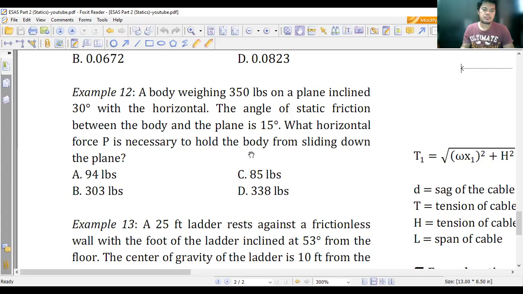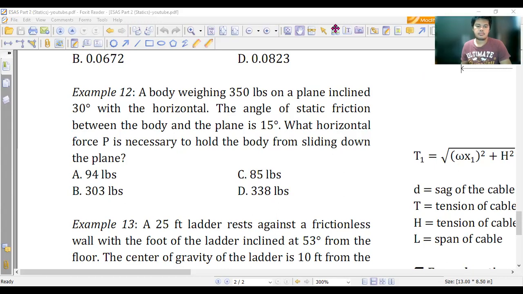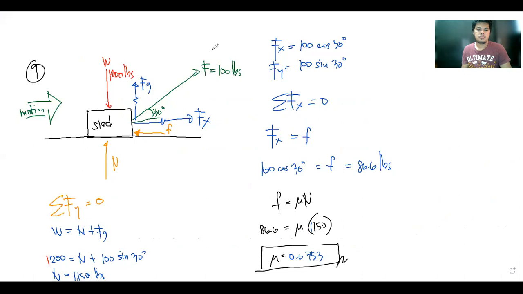So we'll try to draw the free body diagram of this problem.